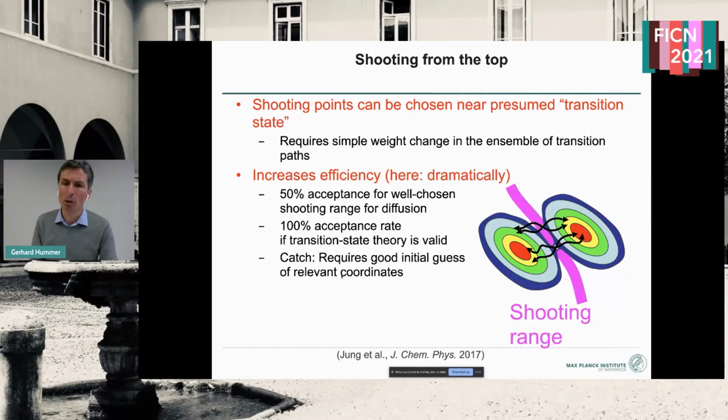And indeed, there is a formal way one can use this intuition to make shooting from the top quantitative, in the sense of producing transition paths with the same statistics as one would obtain in very long equilibrium trajectories. In this way we can get a very high success rate if we actually know, to some degree, the relevant coordinates.